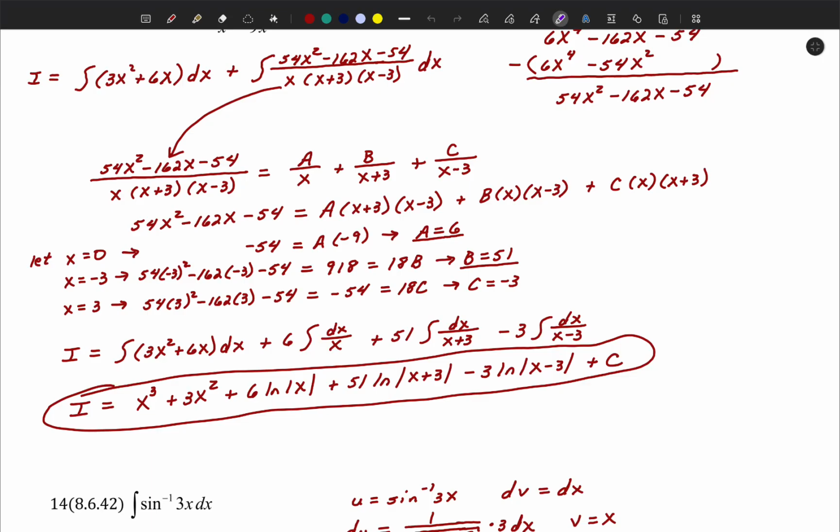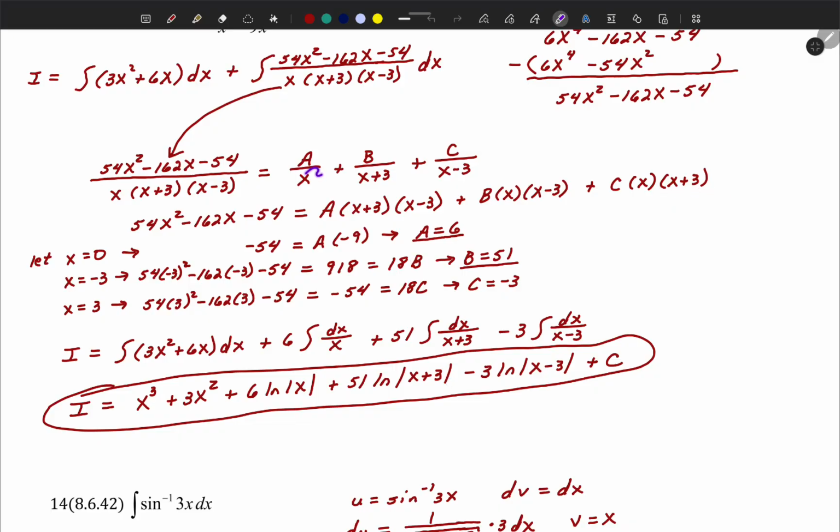In order to do that, you just multiply by the least common denominator. So I'm multiplying both sides by x and x plus 3 and x minus 3 here. When I do that, that's why the left-hand side is just the numerator. I'll have A times x plus 3 times x minus 3, B times x and x minus 3, and C times x and x plus 3, I should say.